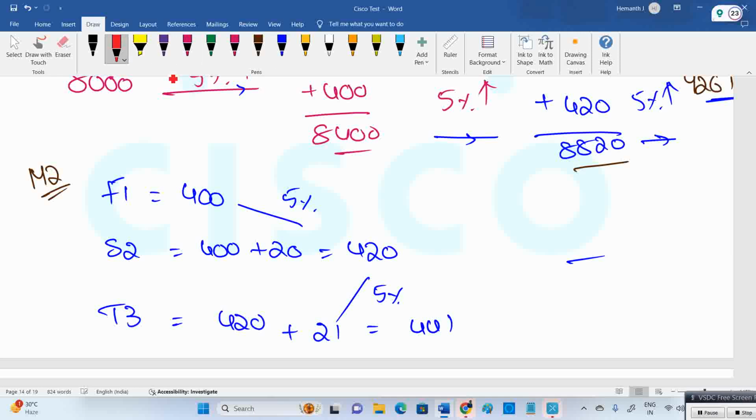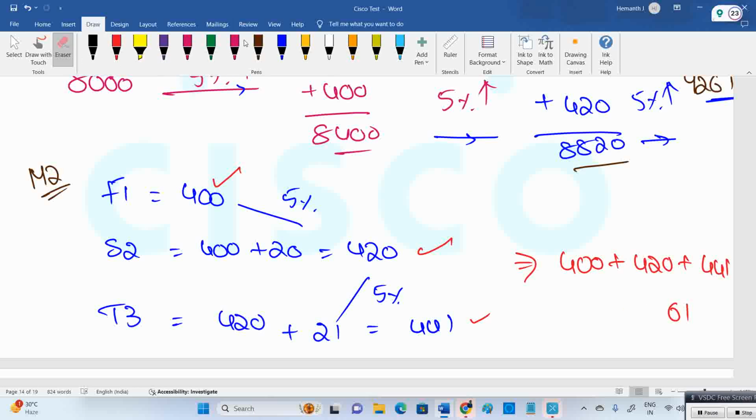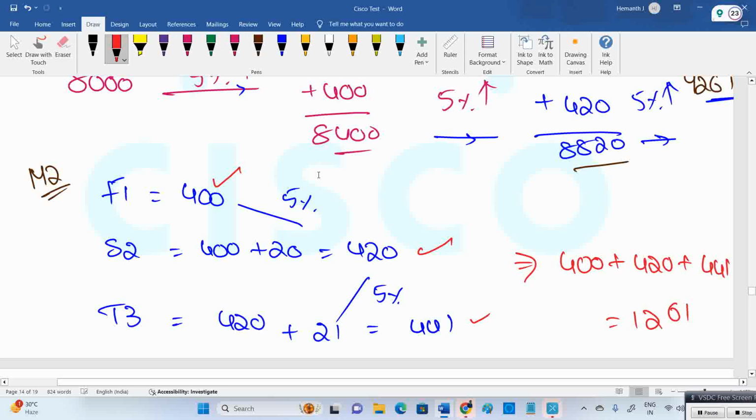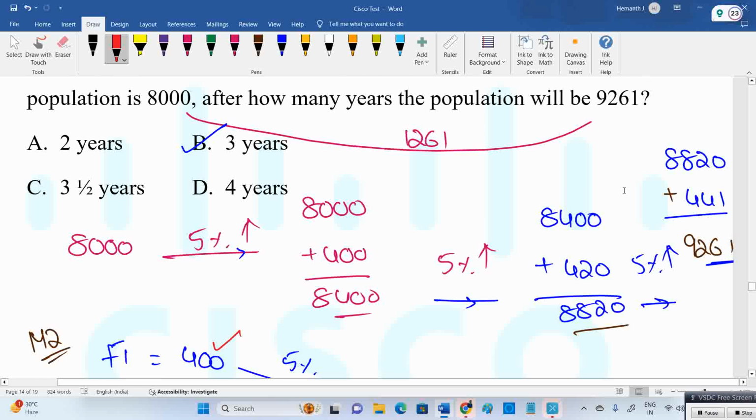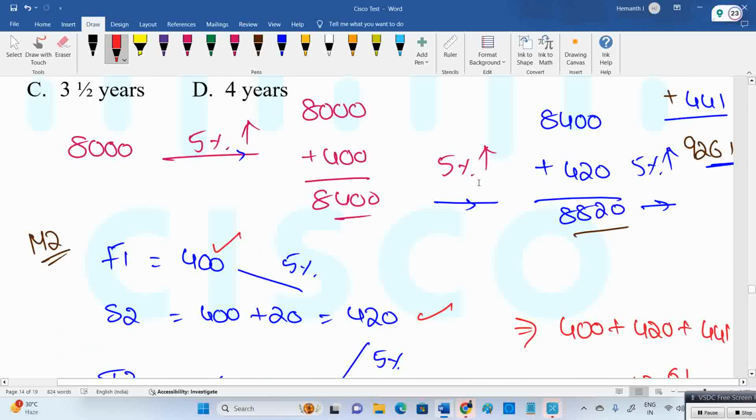Adding all these three, 400, 420, 441 leads to 1,261. So in 3 years it happened. 1,261 is what extra we require, and that's obtained in 3 years.